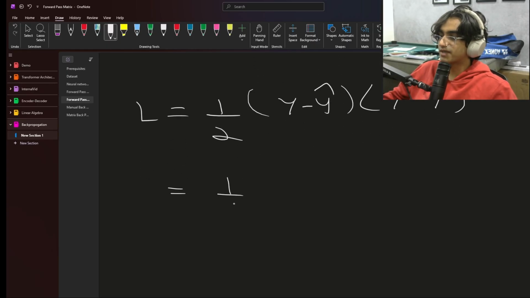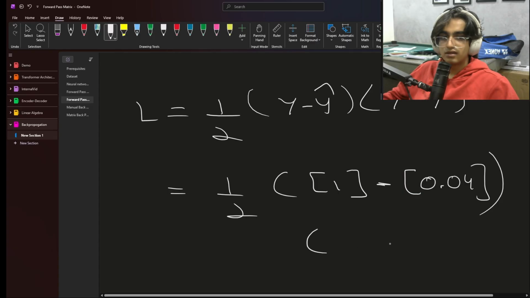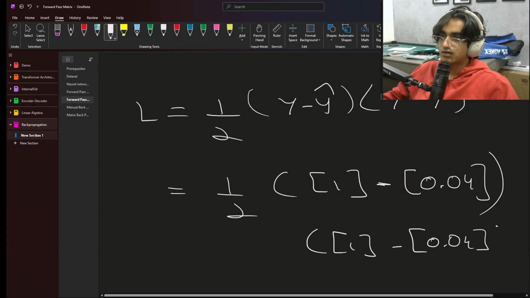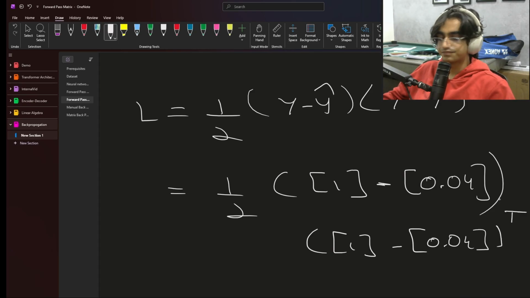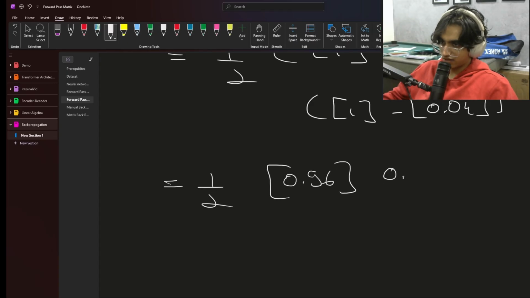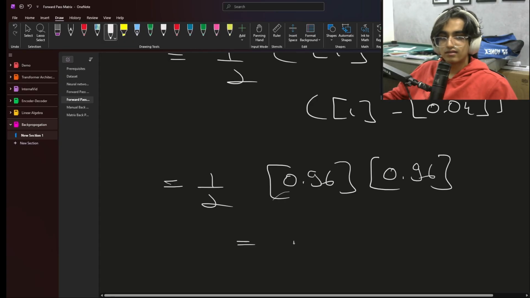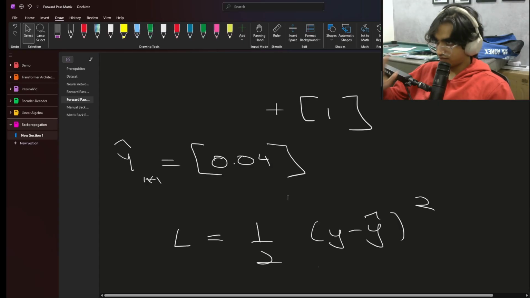If we calculate it, it's half of 1 minus 0.04 into 1 minus 0.04 transpose. So this is just half of 0.96, and since it's just 1 cross 1, the transpose is the same, into 0.96, which is ultimately the same thing we end up with. We get 0.4608. So this is the matrix form.